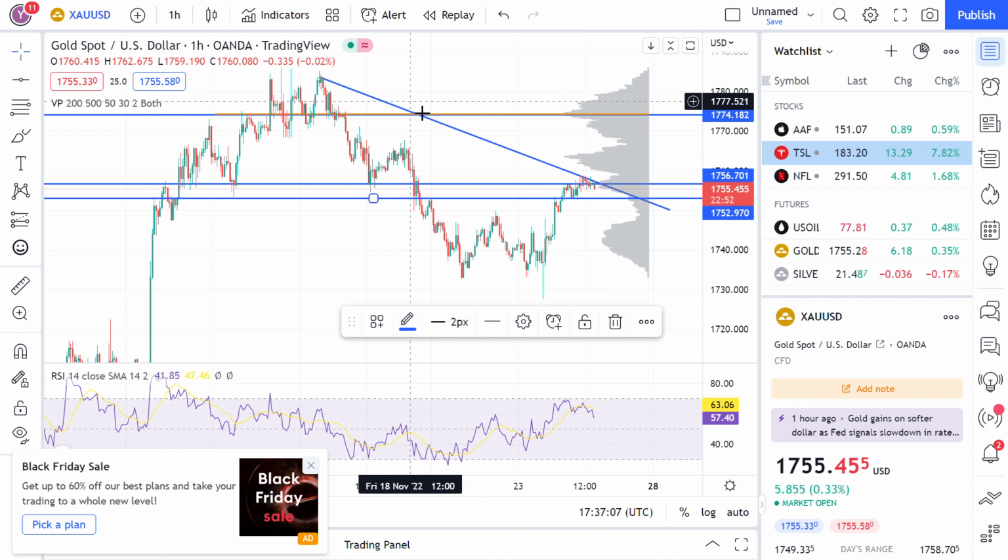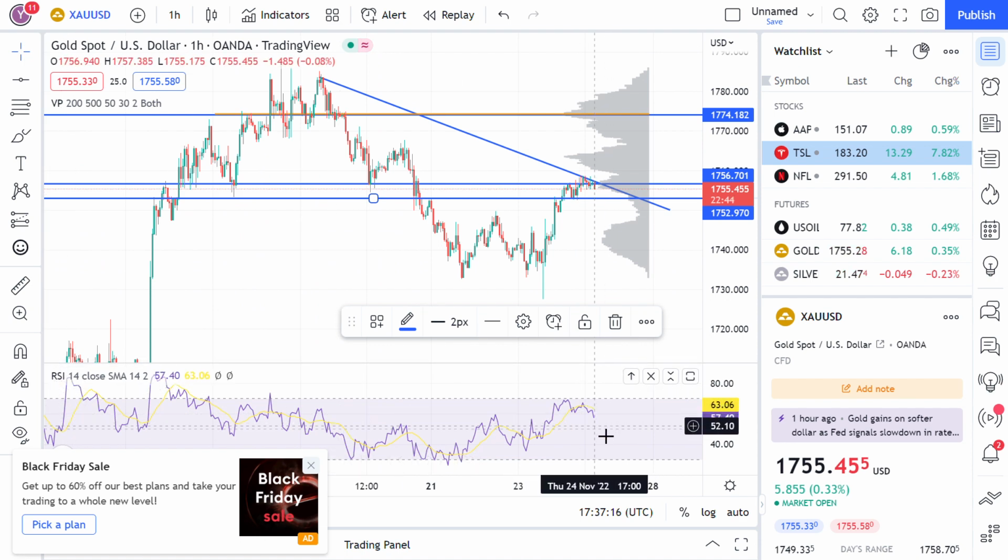Now we'll be using the final technique, that is indicator, and for that we'll be using RSI. RSI has recently moved from the overbought territory, that is around its 60s level, and we have been identifying that most of the time the market gets overbought at the 60s and oversold at the 40s level.